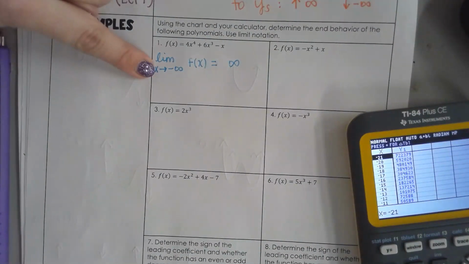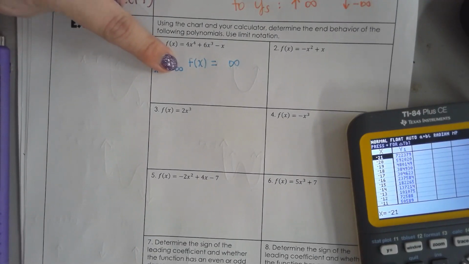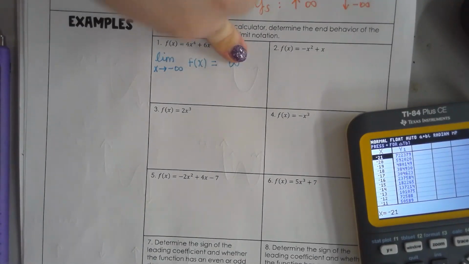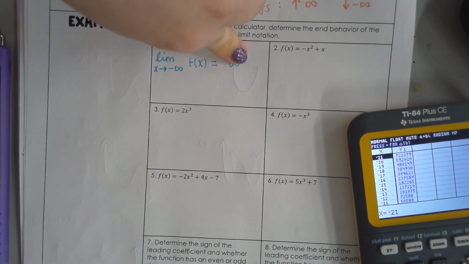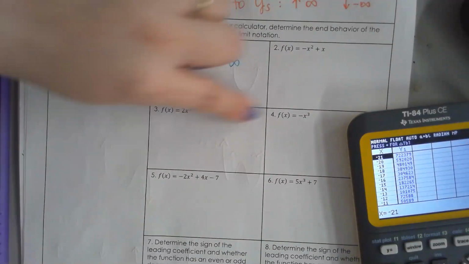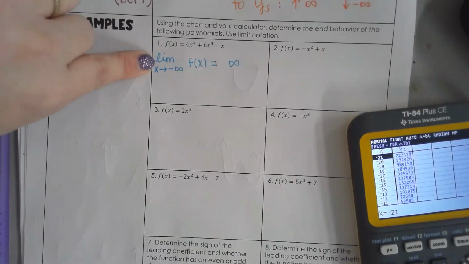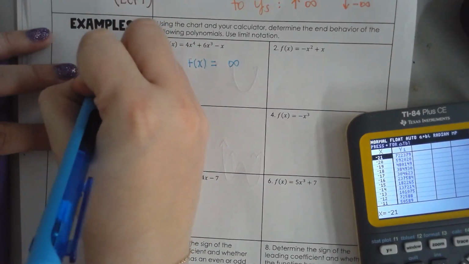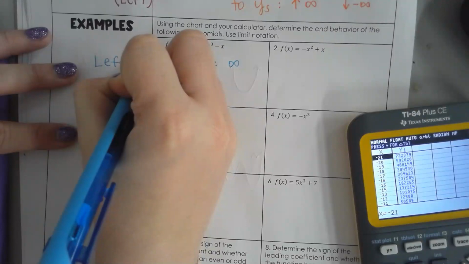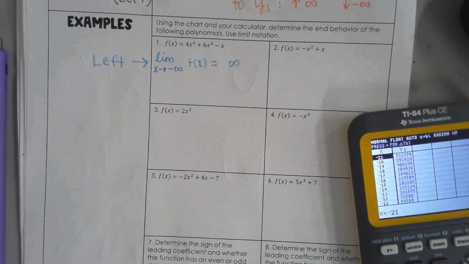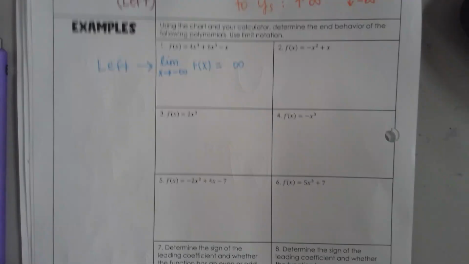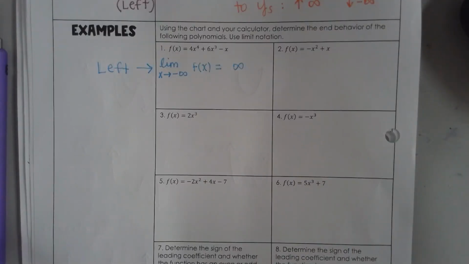So as x gets smaller, the y's get bigger. This is just the fancy notation of saying that. When you see the limit as x approaches negative infinity, that just means on the left.